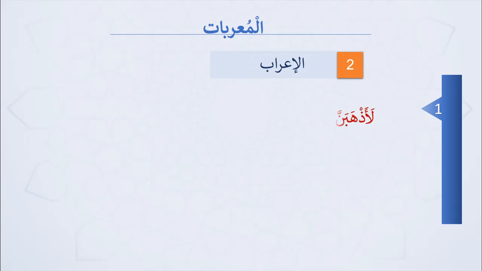So let's have analysis. Where you say la adhabanna, I pick up the adhaba and do the analysis for you. We say it is failun mudari as usual. It is a present verb. However, instead of saying marfu'un or mansubun and majzoom, you say mabniyun. Mabniyun means permanently uninflected, ala al-fathi, with fatha.